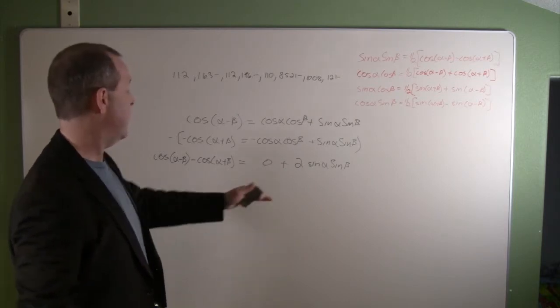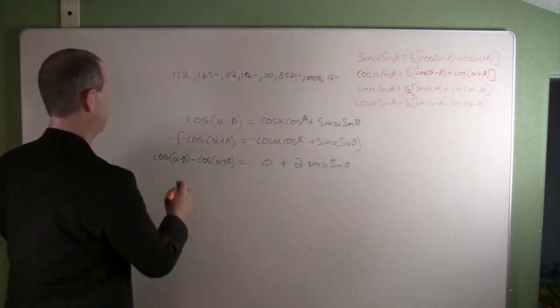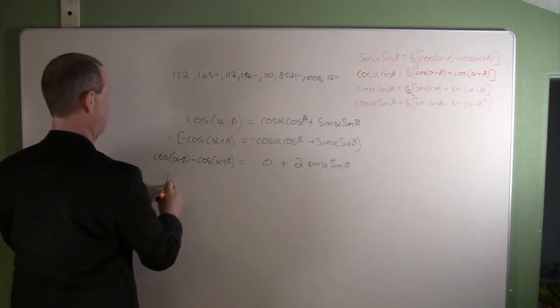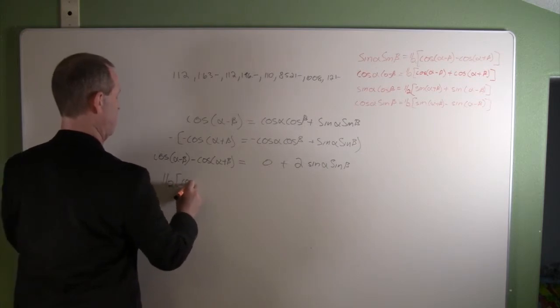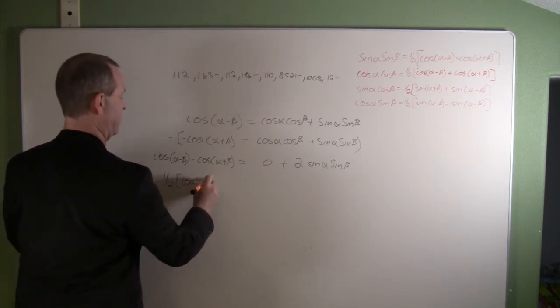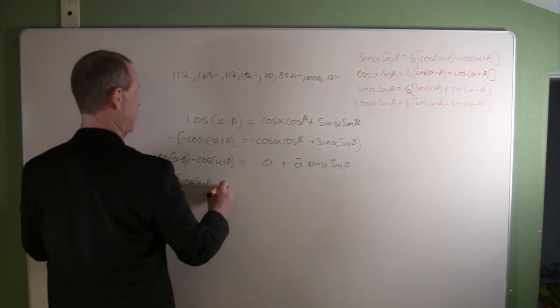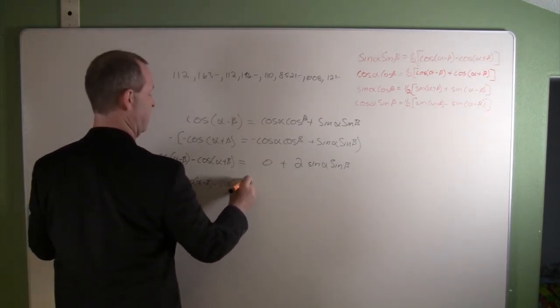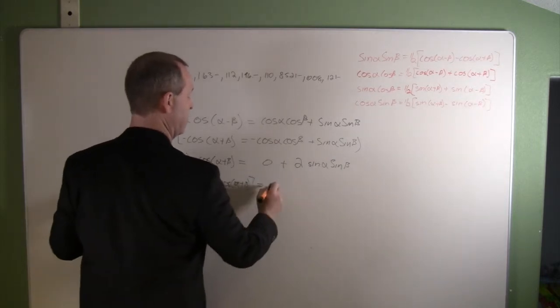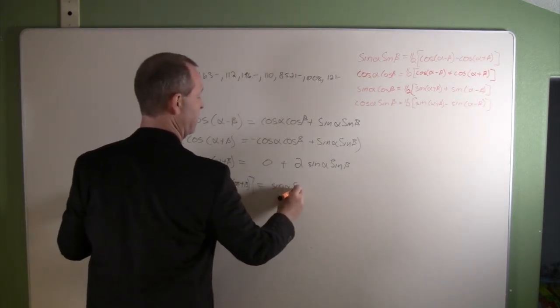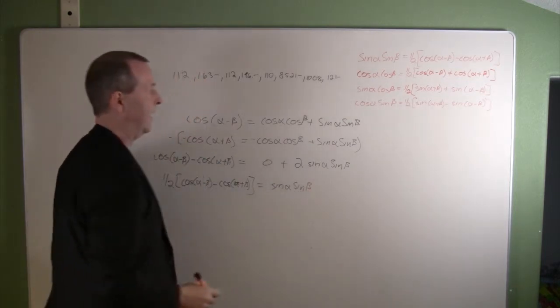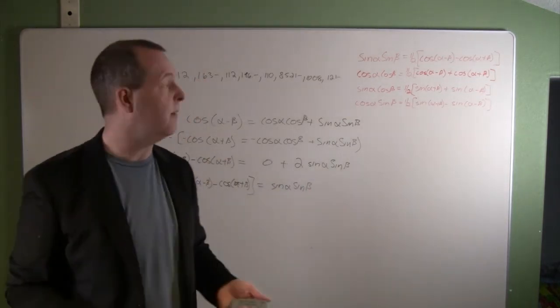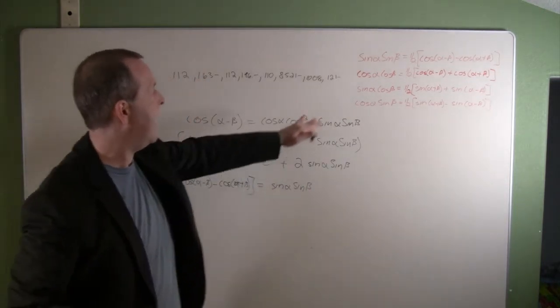Let's go ahead and divide both sides by 2. So I get on this side 1/2 cosine alpha minus beta minus cosine alpha plus beta equals sine alpha sine beta.